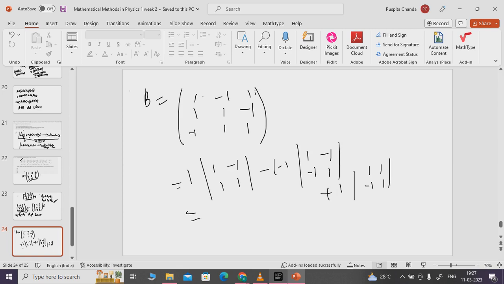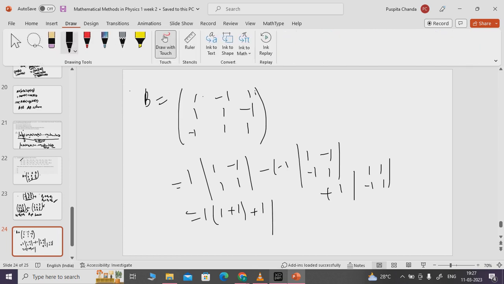Expanding, the determinant is equal to 4. So they are independent vectors, and they can form a basis.